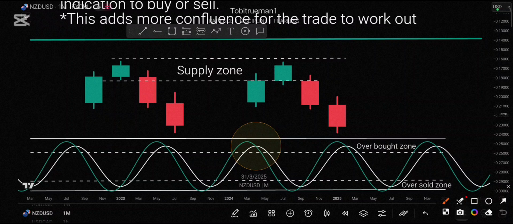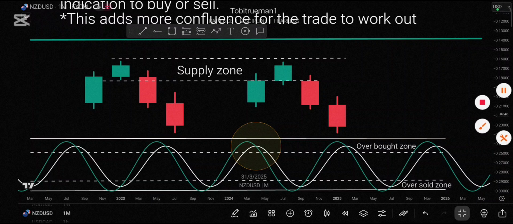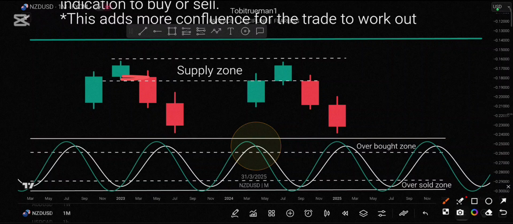Now let's look at this example. Let's assume that this is a daily time frame supply zone. We have identified that this is still fresh, and always remember, how is it fresh? Because between this low point and the high point of this other number 3 candlestick there's space.